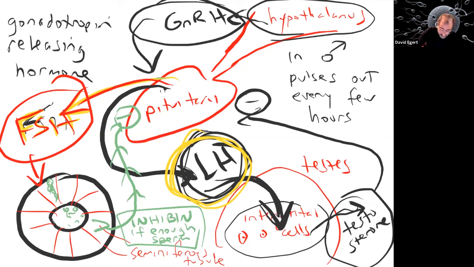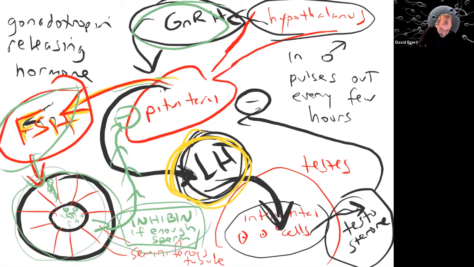Gonadotropin releasing hormone is always pulsing out, which means FSH is coming out. FSH is talking to the Sertoli cells here in my seminiferous tubule, which is then promoting the development of sperm. But if we've got enough sperm, inhibin is coming back as a negative signal telling the pituitary don't release as much of this because we've got to slow down sperm production. We've got enough sperm. So does that make sense?